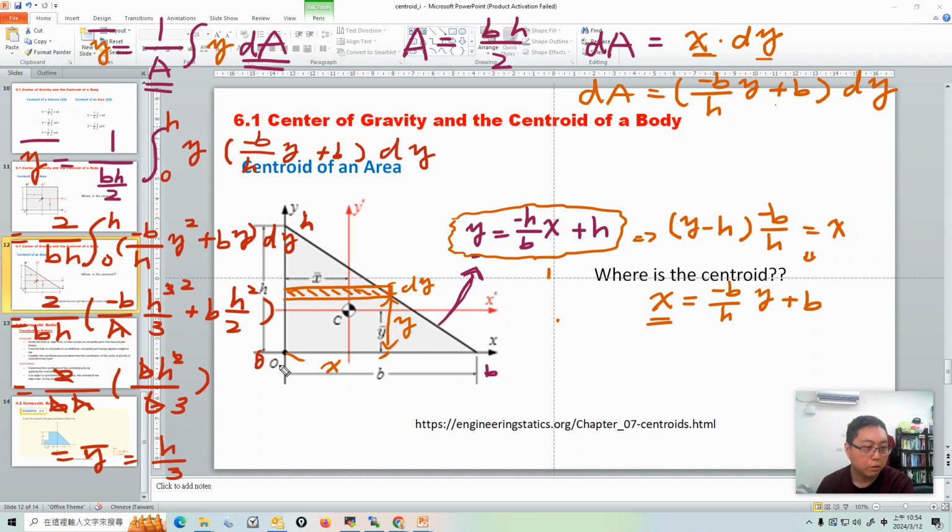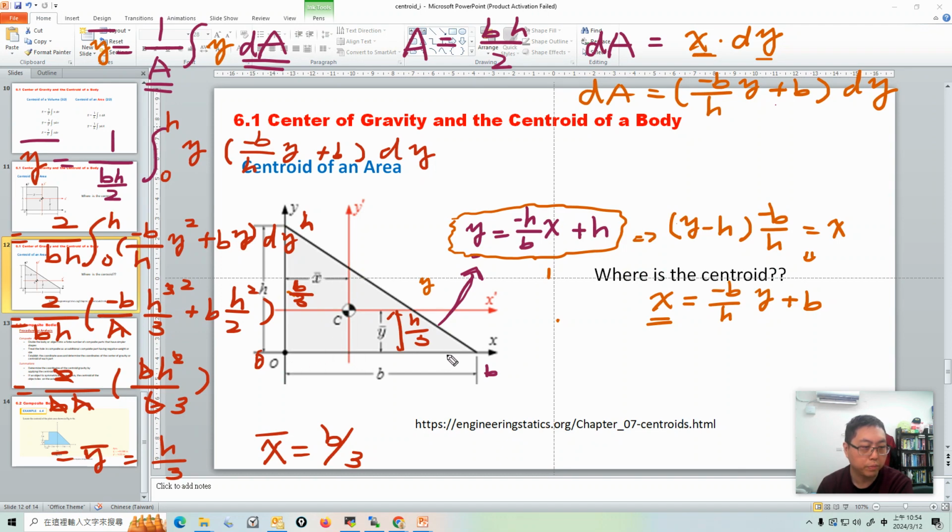And then don't forget the conclusion on x bar is b over 3. So what's the conclusion? What's the centroid of a right triangle? Here y bar is h over 3, x bar is b over 3.